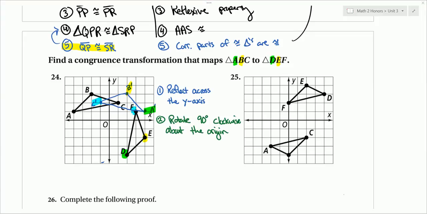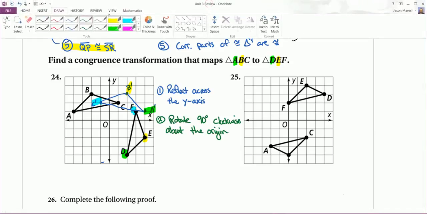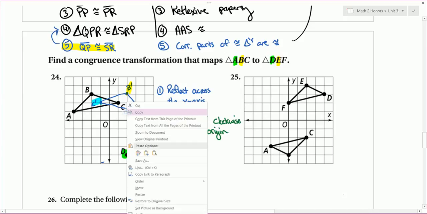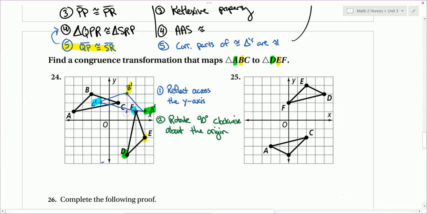To make this rotation, take a point, so say C prime. To go from 0, 0 to C prime, I go up 2, left 1. So if I'm going to rotate it 90 degrees to the right, I'm going to go right 2, up 1. So that's the location of my new C double prime. I'll change the color here. It's getting a little messy here, but that's where C double prime is going to be.